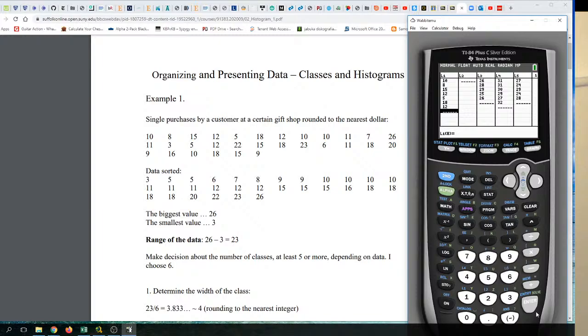So now I have 10, 10, 11. The last two numbers in the first row are 7 and 26. Then the next row is 11, 3, 5.